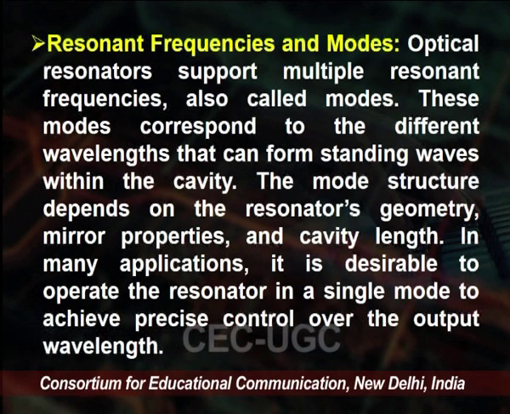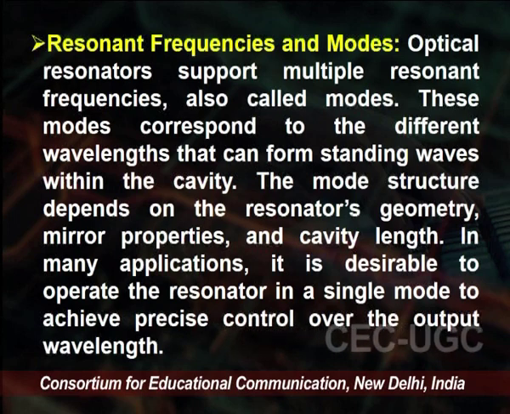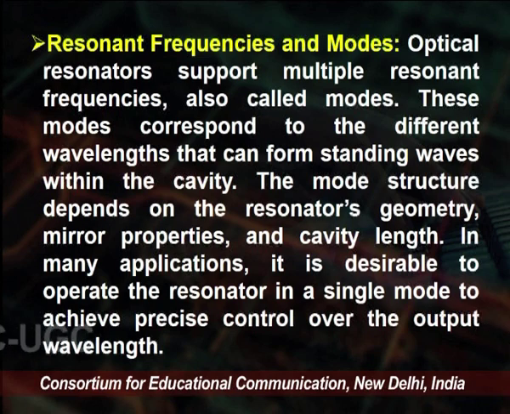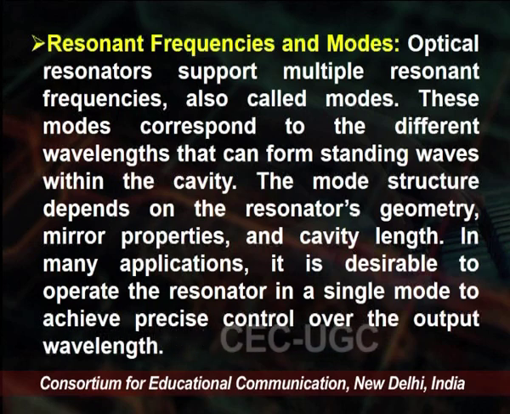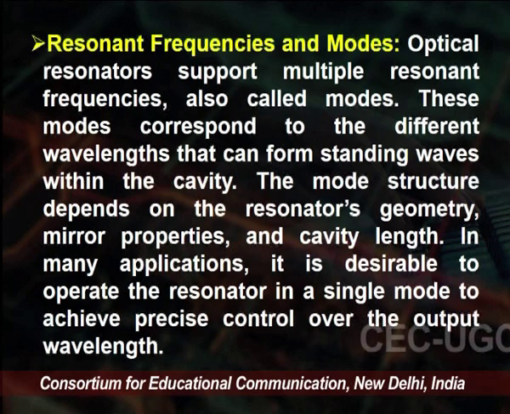These modes correspond to the different wavelengths that can form standing waves within the cavity, meaning we can have multiple resonance frequencies in one resonator. The mode structure depends on the resonator's geometry, mirror properties and the cavity length.